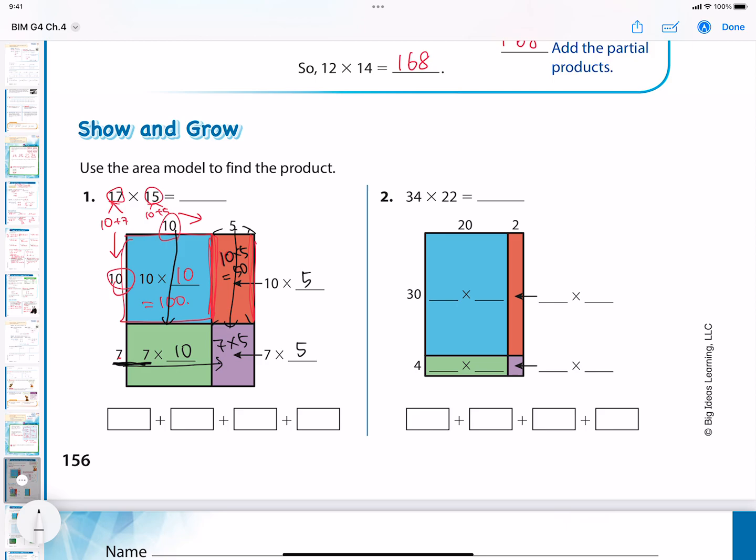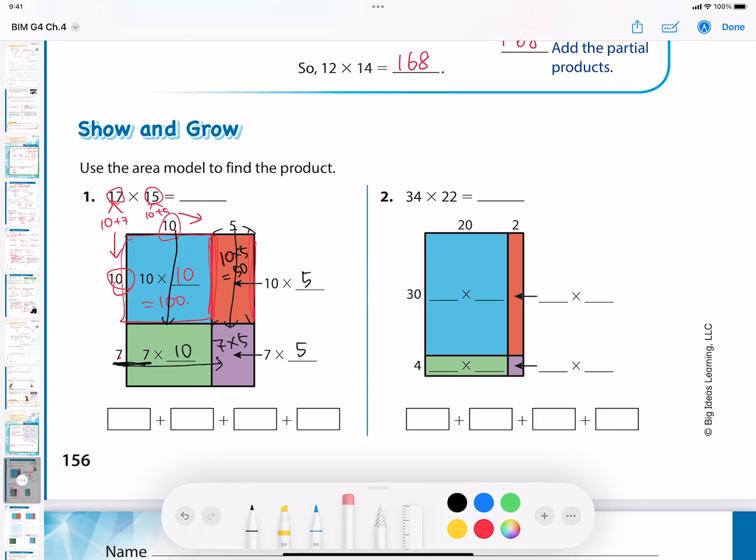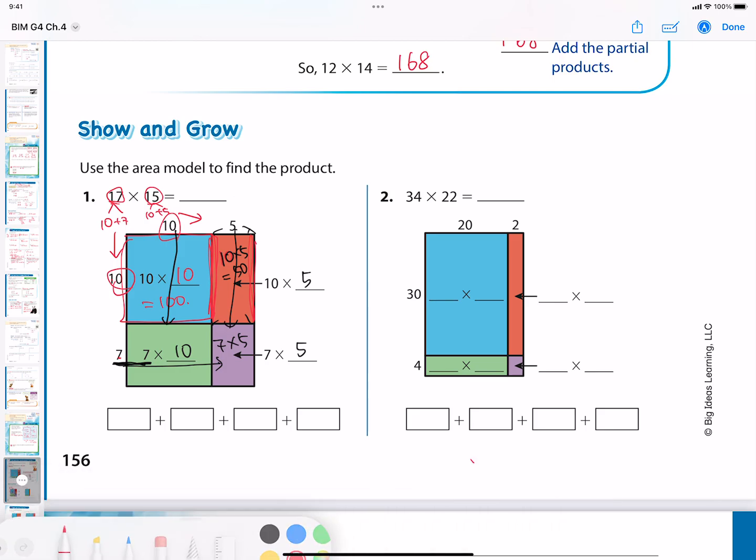So let's write down the partial products here. I'm going to write down the blue one first. Blue one first is 100. We got it already. And then I want to move on to the green one, 70, the red one, 50, and the purple one, 35.